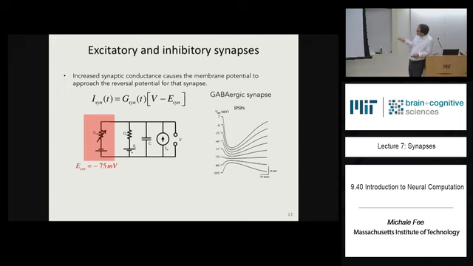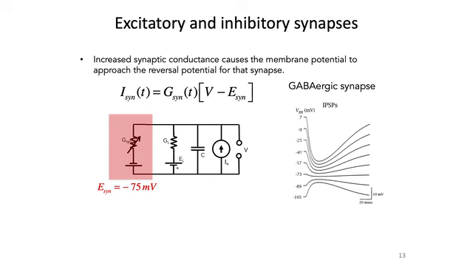You can see where this sits just depends on the concentration of chloride ions. Most of the time, inhibitory synapses have a reversal potential of -75, and we call that inhibitory because the reversal potential of the synapse is less than the spiking threshold.